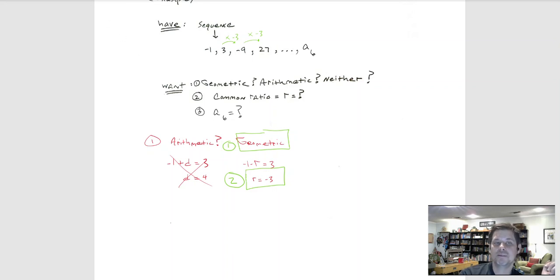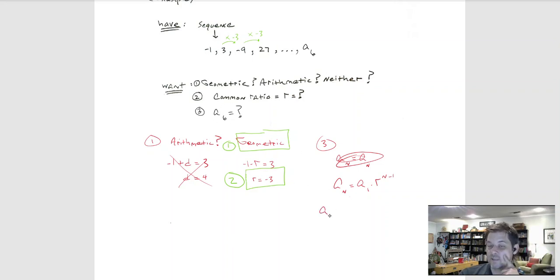Okay, so let's see. Here we go. For part 3, that formula was that A_n is equal to A_1 times r to the power n minus 1. Okay, I'll use that to calculate the sixth term directly.